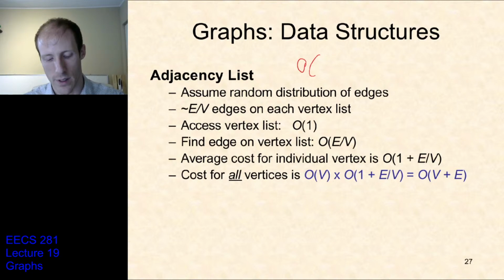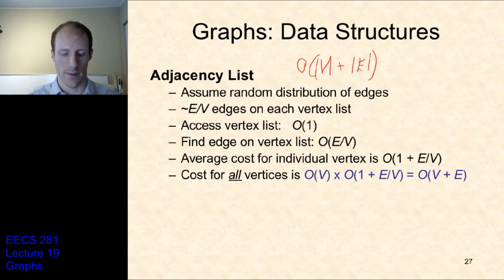So our space complexity is going to be V lists plus E total nodes, E total edges that are spread out between those different lists. If we assume a random distribution of edges, we end up with E divided by V edges on each vertex list. So accessing a vertex list is O(1). If we want to find a particular edge on a vertex list, we have to traverse that E over V length list, which costs on the order of E over V.